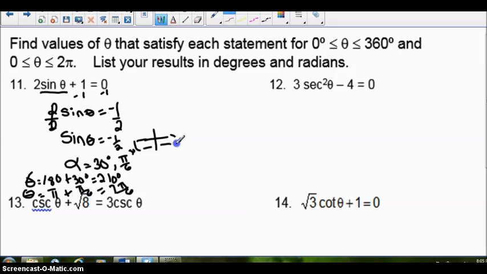If we're coming in this direction, we're going to say 360 minus 30, which is 330 degrees. And then we also have 2 pi minus pi over 6, which gives us 11 pi over 6. So because we're doing them both, all 4 of these would be our answer.